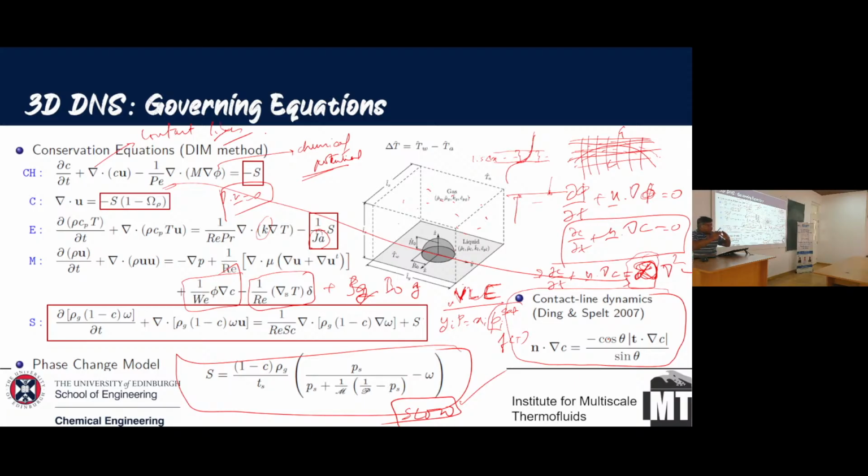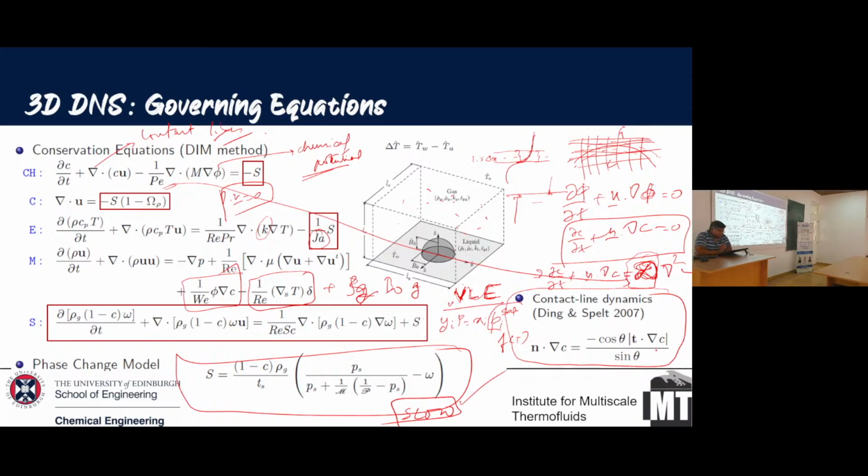If you give a contact angle, it's going to move with that constant contact angle. So if you supply a contact angle, you actually have a dynamic contact line. You can have an advancing angle, you can have a receding angle, and it will take into account hysteresis and do everything.